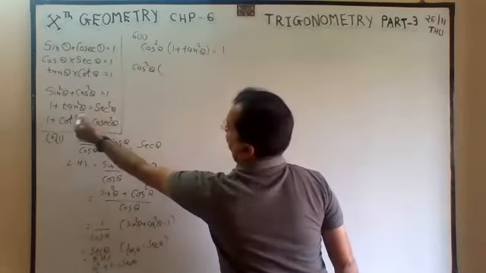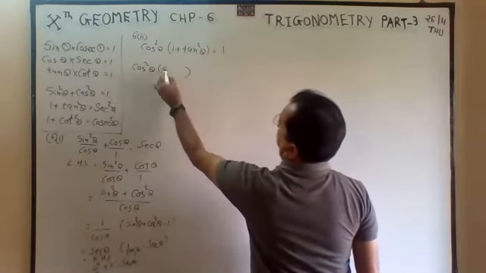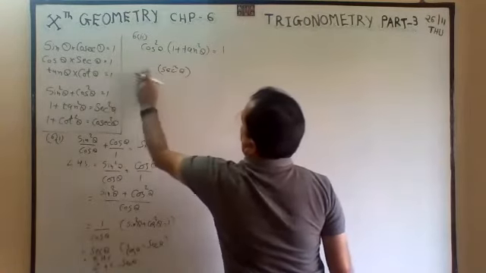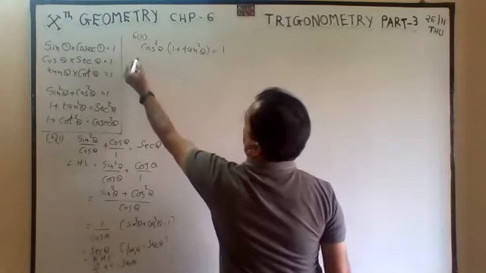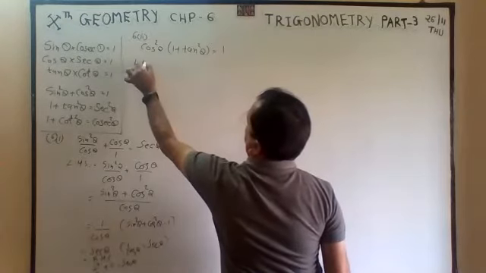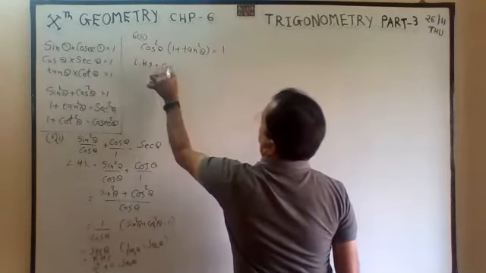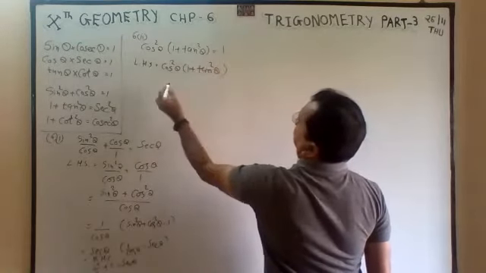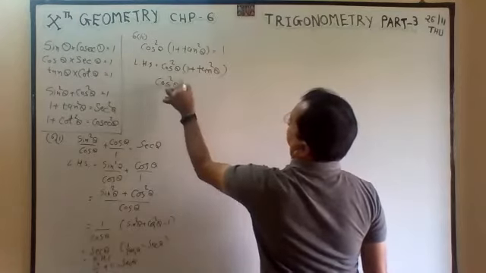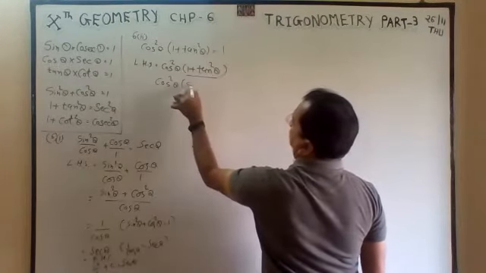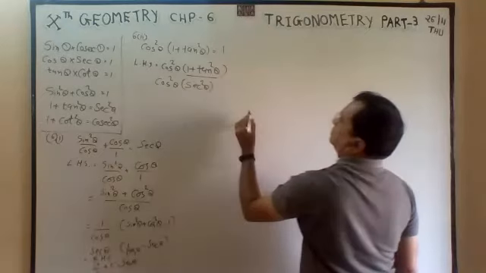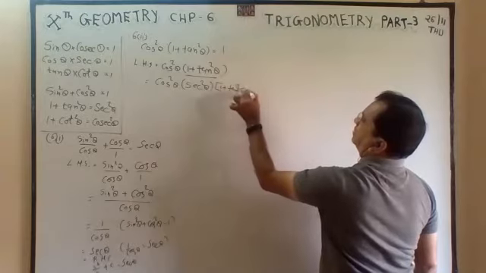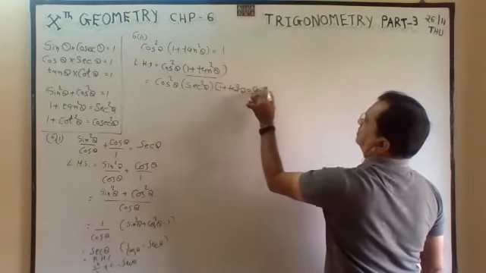You know 1 plus tan square is equal to sec square. First the left hand side. So cos square will be the same. You will write in the bracket that 1 plus tan square theta is equal to sec square theta.